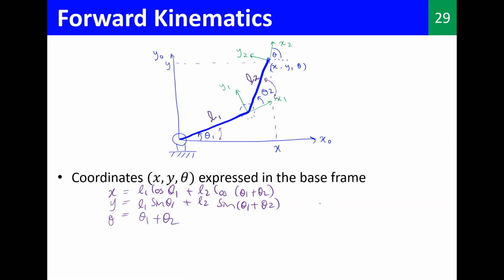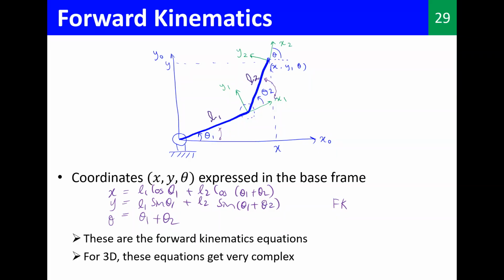So this is basically the forward kinematics, right? You find out x, y, theta, or the end effector pose. Pose means position and orientation with respect to theta 1 and theta 2. So if you build a small manipulator like this, now you know how to map it, right? Based on the angles, you know where your end effector is going to end, right?